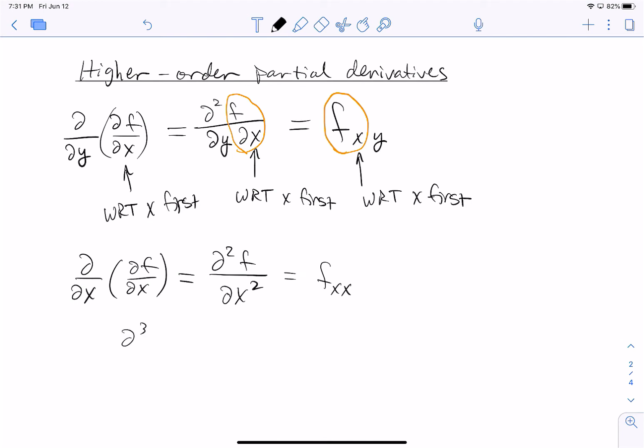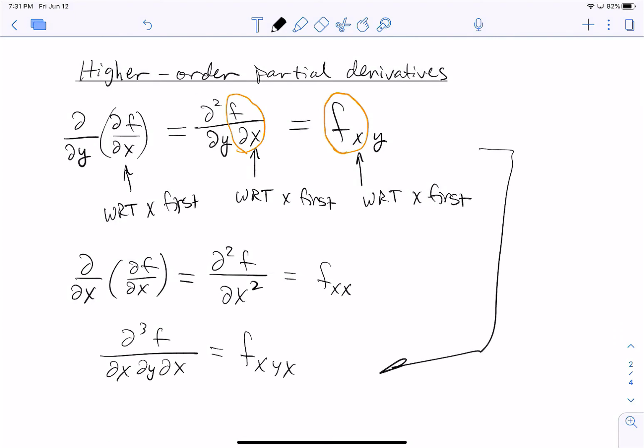We can talk about the third partial derivative of f, first with respect to x, then with respect to y, then with respect to x, writing those from right to left in the bottom part of the derivative. And using subscript notation, that would be fxyx. The first and the third of these, the fxy and fxyx, are called mixed partial derivatives.